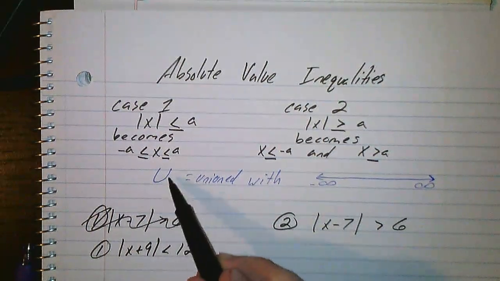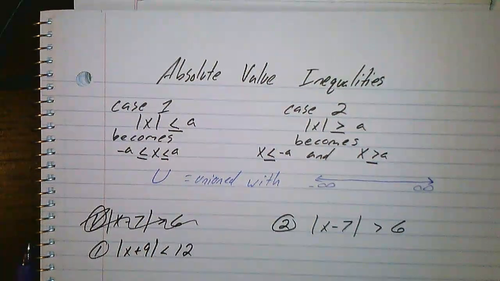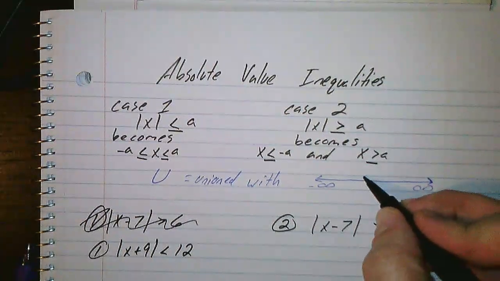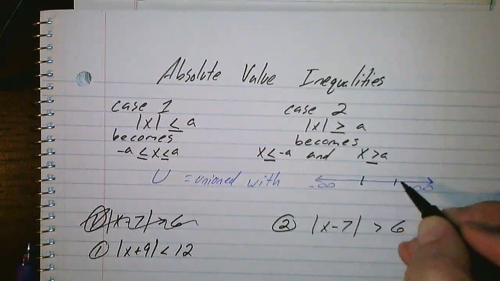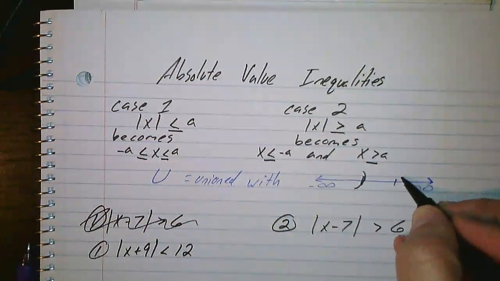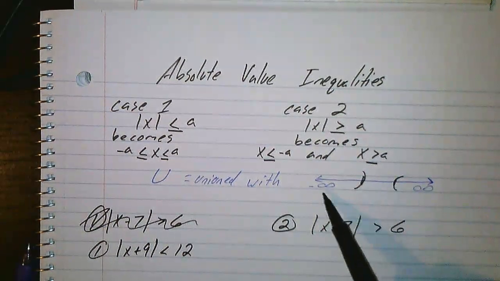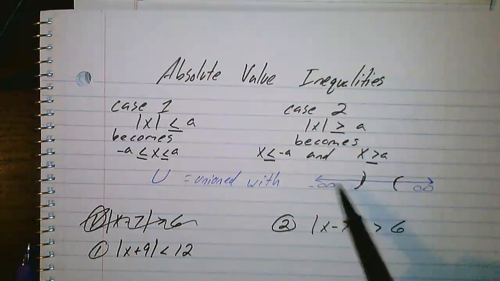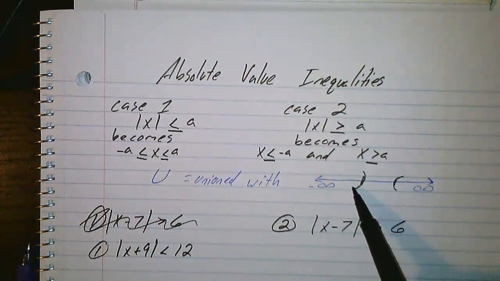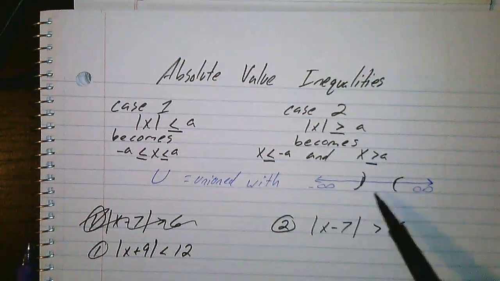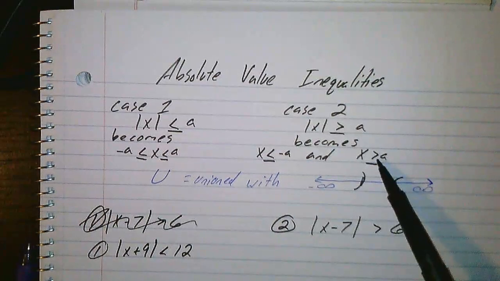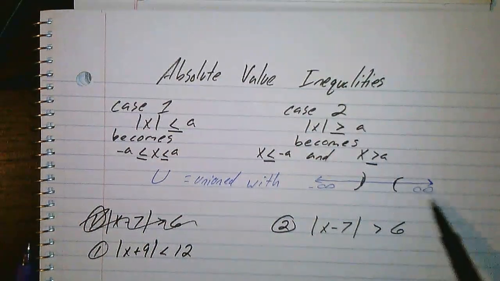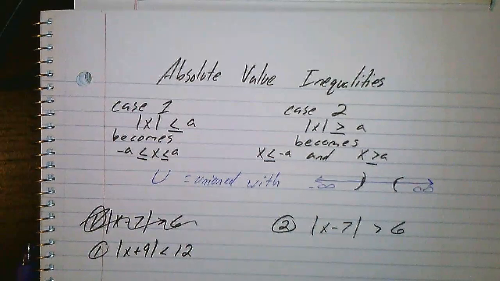So we use the symbol of this big capital U for unioned with. You'll usually have a couple of endpoints here. And so it will be negative infinity to what we get as our endpoint on the left side, unioned with how we open towards infinity on the right side.